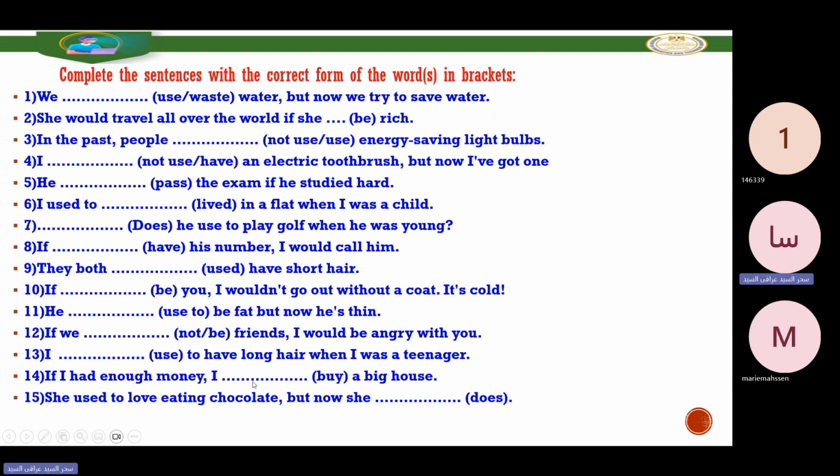So what should we have here? The last one, she used to love eating chocolate, but now she, what? I will give you your time to think. Try to think.